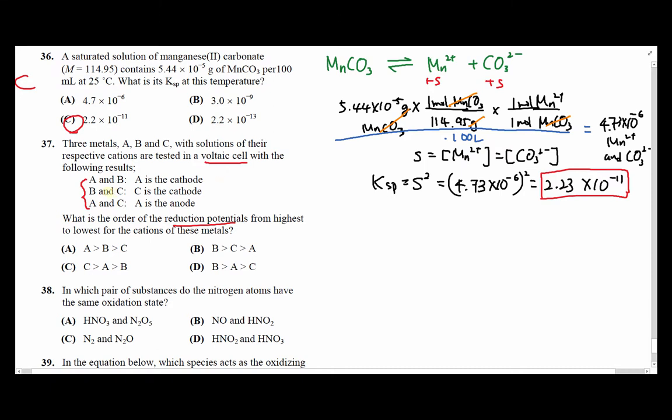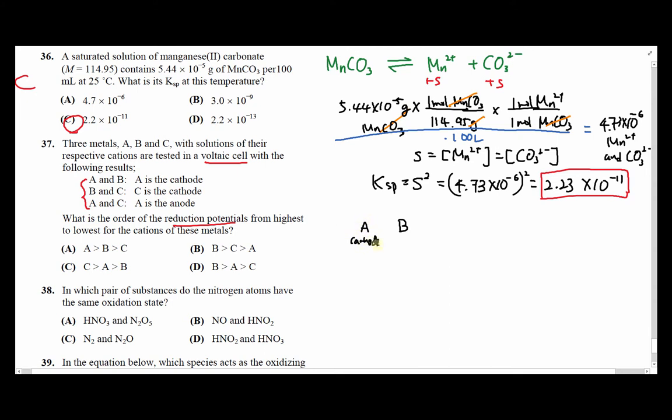So let's write it down. A is the cathode. So when you have A and B, A is the cathode. For a galvanic cell to happen, this has to be larger. In other words, the magnitude of the standard potential has to be larger.